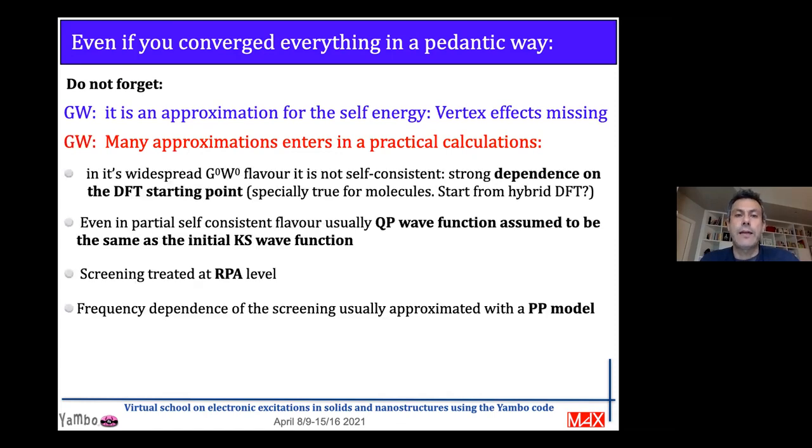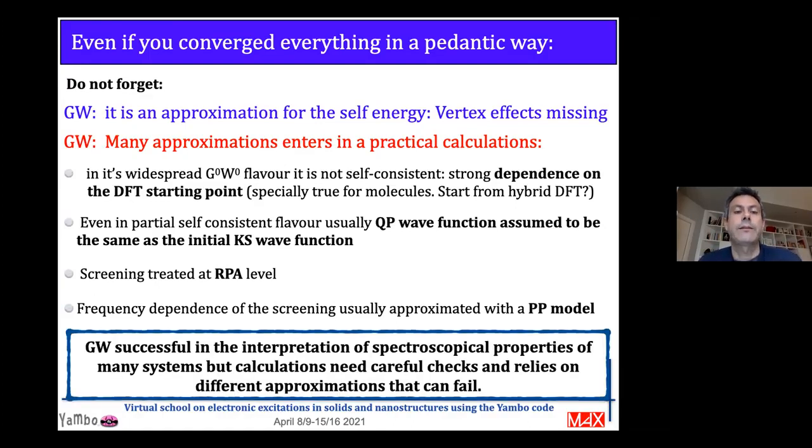Many approximations enter in the practical calculation that I showed before. They are summarized here: the one-pole model, the RPA level for the screening, and you can also observe an important dependence on the DFT starting point you use to build your Green function and your screening.